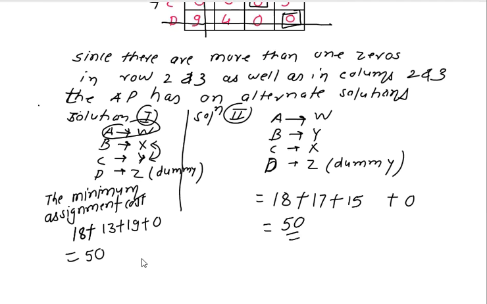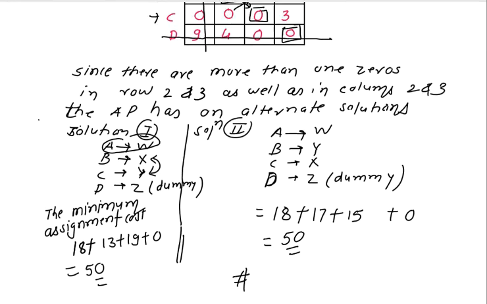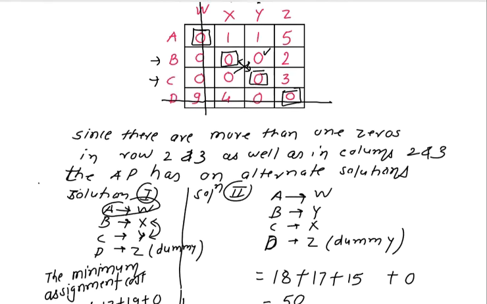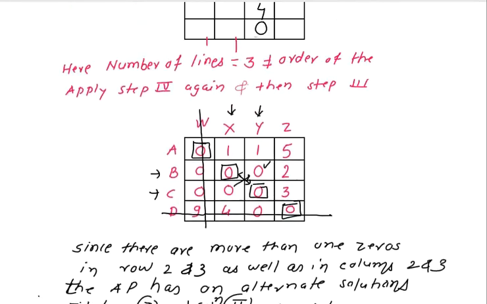So we get the same assignment cost. So there is an alternate solution for this problem. So this is an unbalanced problem, and for this assignment problem, an alternate solution also exists.